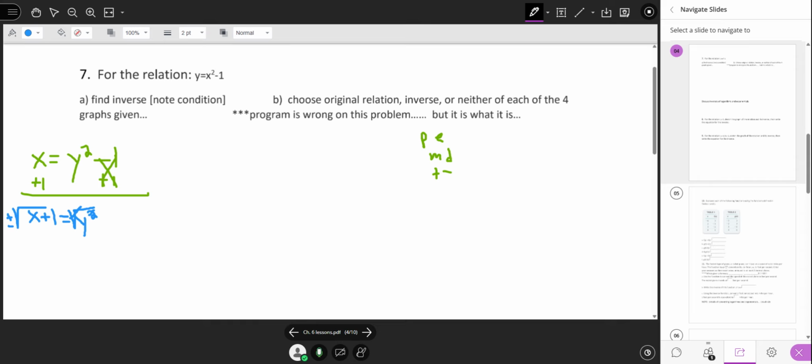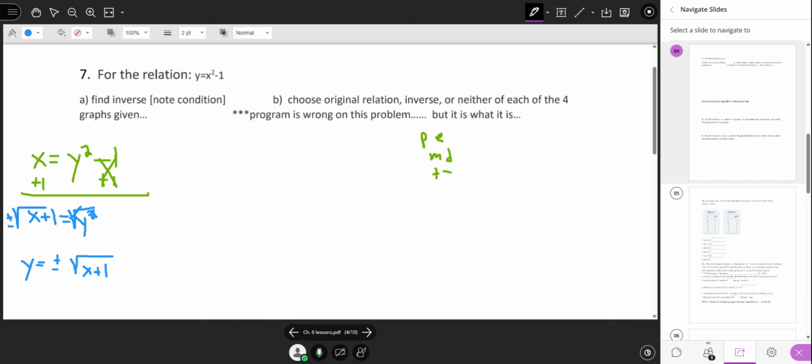So, y is plus and minus the square root of x plus 1. All right? That's how you find the inverse algebraically.